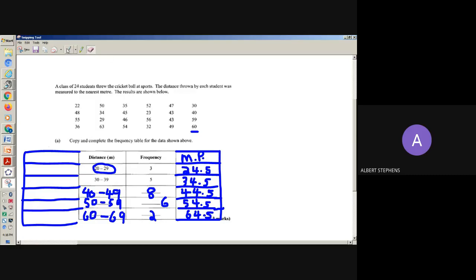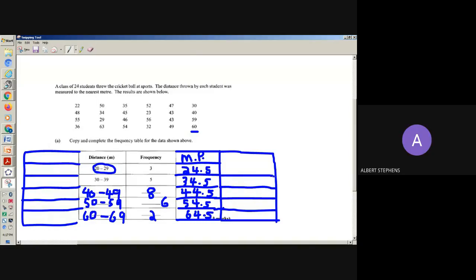So I'm going to show you how to calculate the average from a table like this, from our group data. The first thing you're going to do is find the class midpoint, which we did. And I must apologize, guys, you're going to add another column to your table.